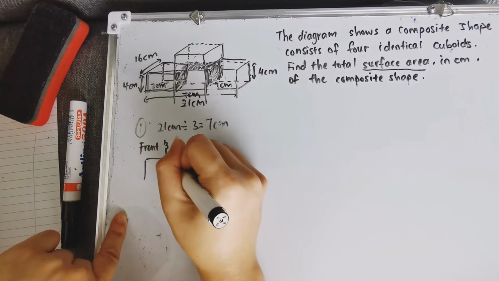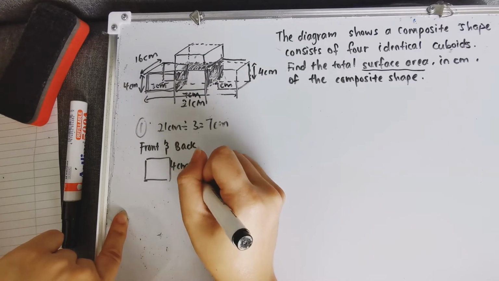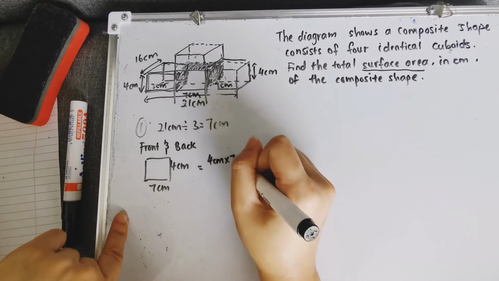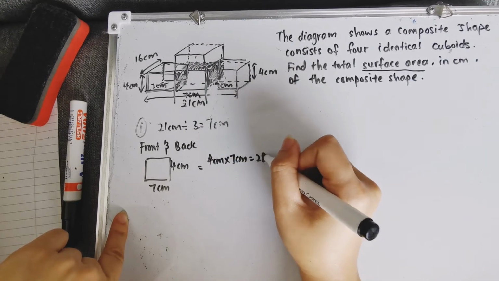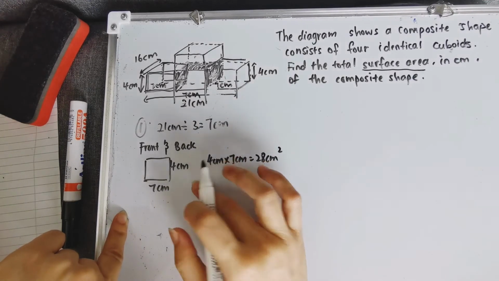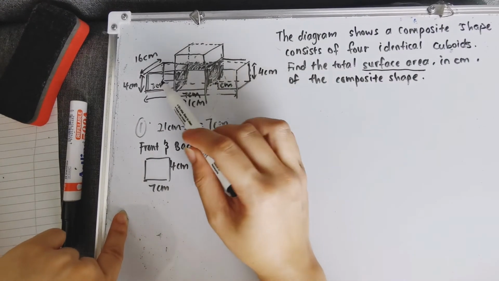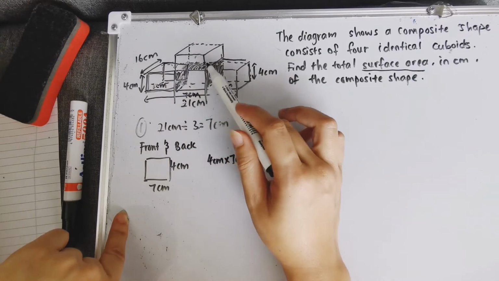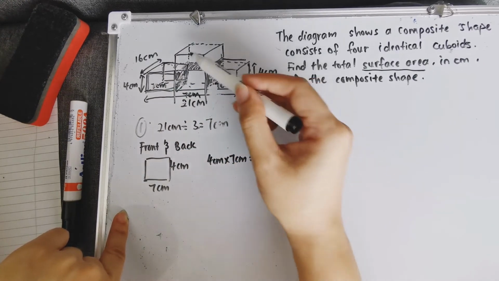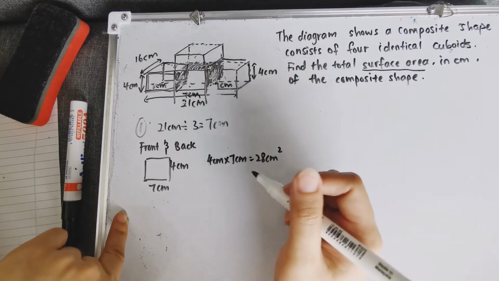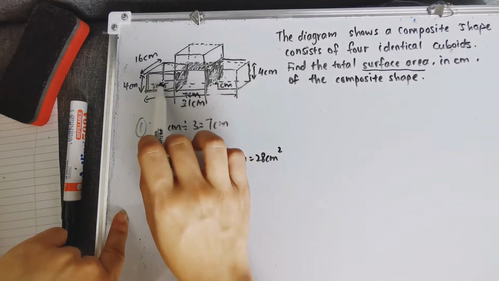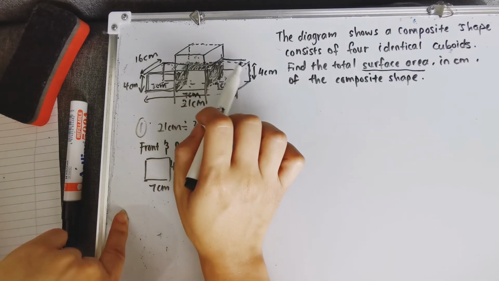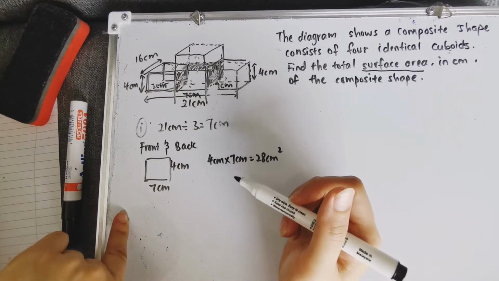So 4 cm, 7 cm. 4 cm times 7 cm is 28 cm squared. So we have front, we have back. 1, 2, 3, 4, 5, 6, 7, 8. Altogether we have 8. You have 4 fronts and 4 backs.